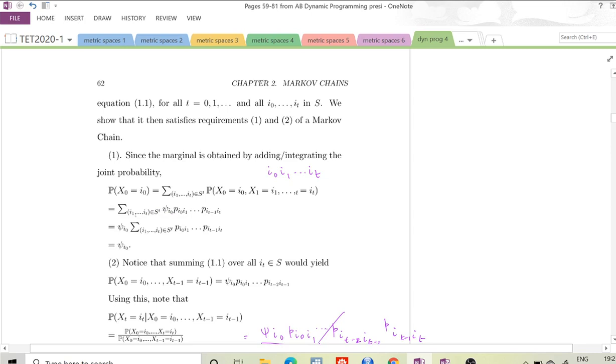It doesn't depend on the subsequent path. So I can factor the psi i naught out, and I can add up the path probabilities across all paths from time 1 onward, and that must give me a probability of 1, right?